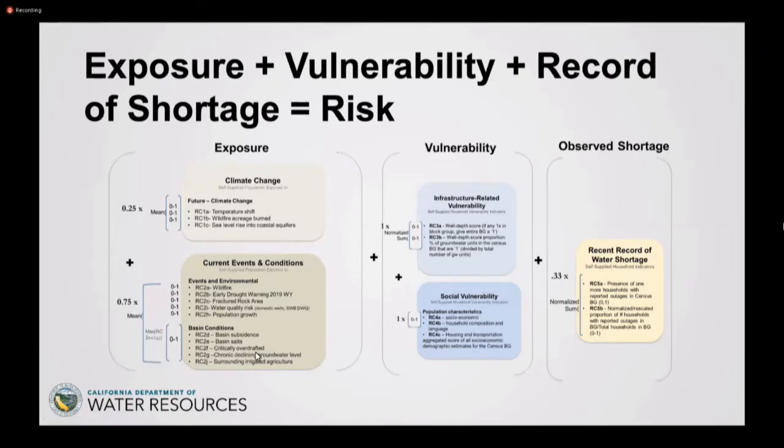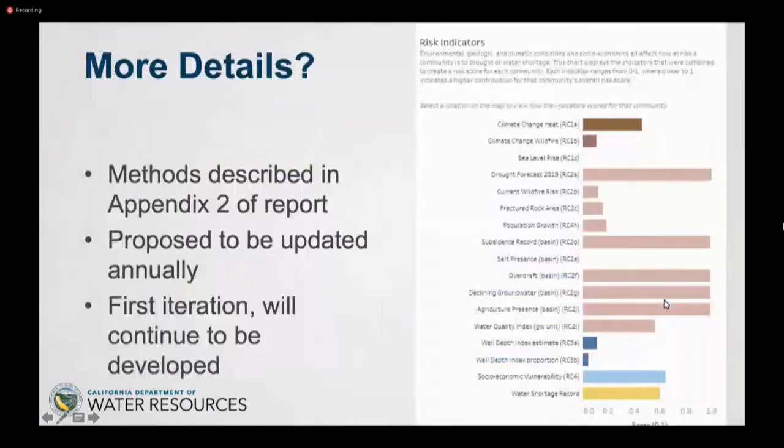It's not lesser importance, but we didn't want that to drive the whole story of risk. And then this side of vulnerability and observed shortage is more related to the households and the information we have on wells.